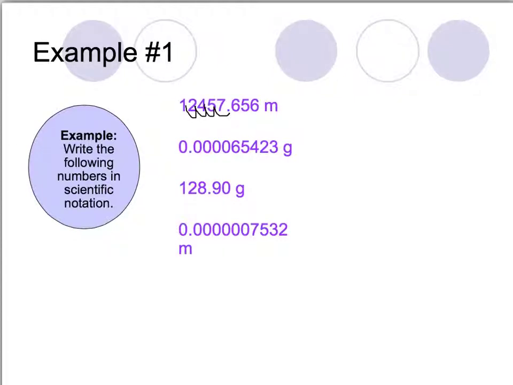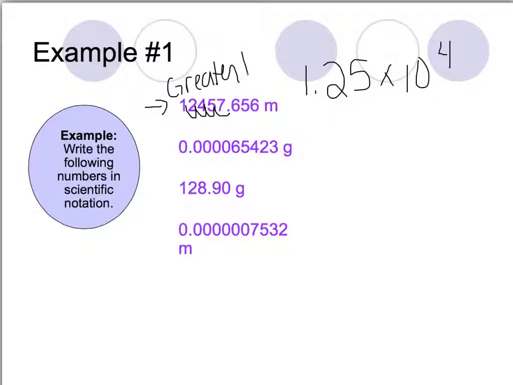So I make all those moves, and it would be 1.25 times 10, but how many places did we move it? 1, 2, 3, 4. So that's to the 4th power. And that's a positive 4 because this number is greater than 1. It's a huge number, so it's going to have a positive exponent.